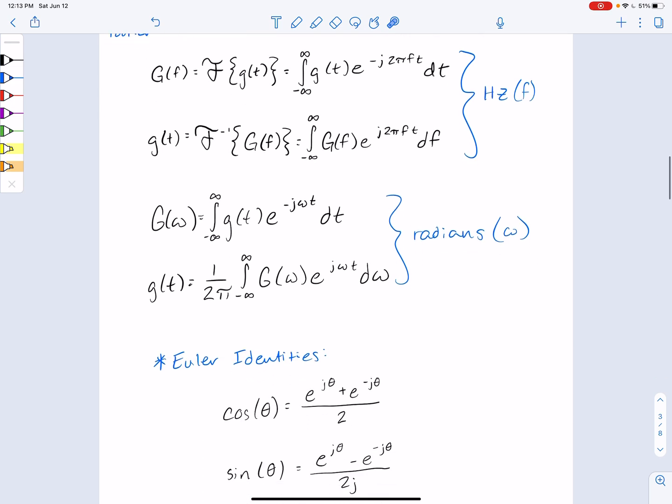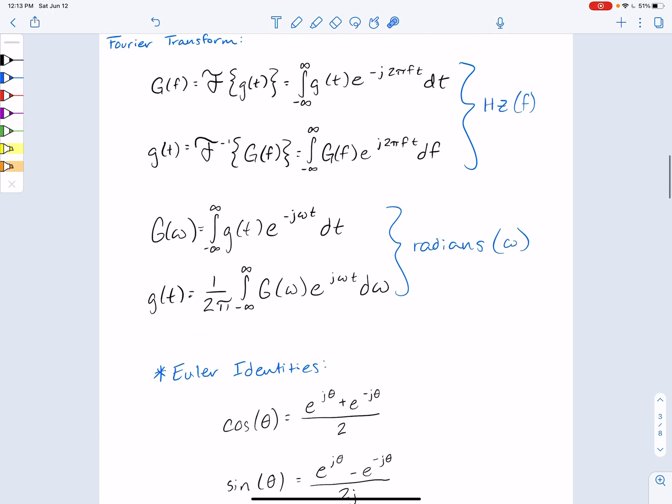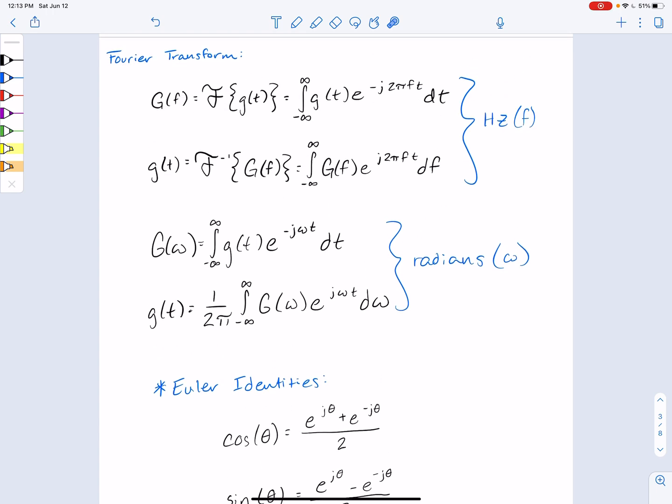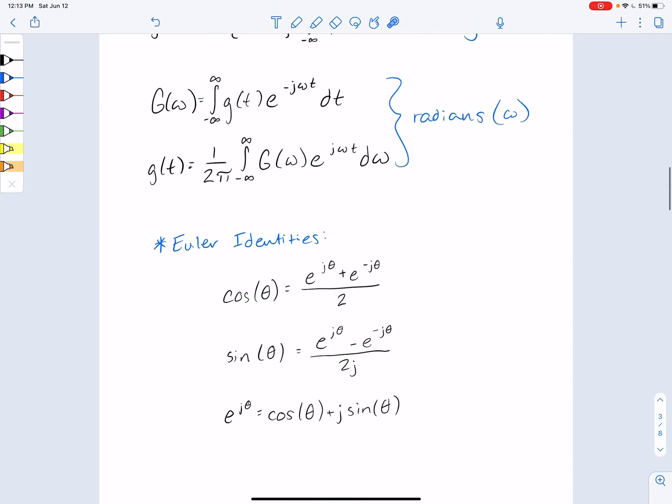Okay, and so now this brings up the Euler identities. One thing I saw you guys were having issues with was you would go through and do this Fourier transform, and now you've got a bunch of exponential functions in your answer, and all the answer choices are sines and cosines. So you have to know the Euler identities so you can convert between the two.